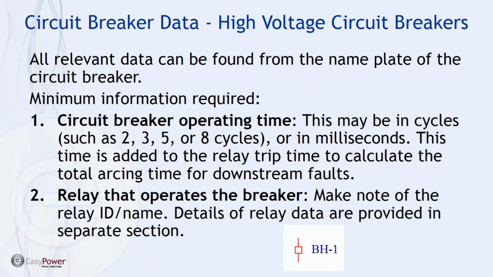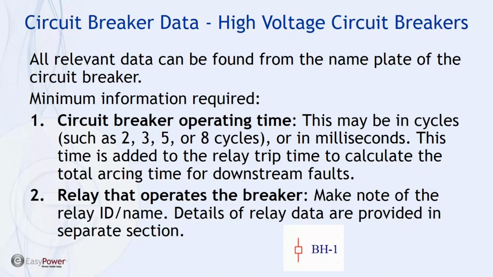Circuit breaker times. High voltage breakers, a critical rating here is the opening time. Again, more and more as we go through this, you'll see time is one of the very important elements of calculating arc flash. And so that opening time may be rated in cycles or in milliseconds, and this is important to record.